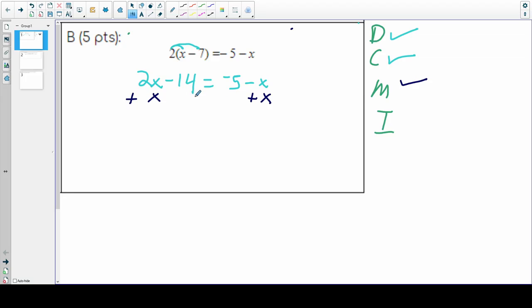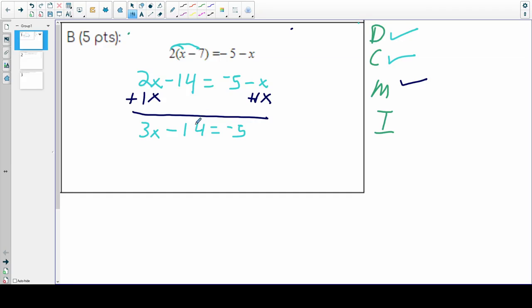Remember, the coefficient in front of a variable is always 1. We just don't write it. And you're left with 2 plus 1 is 3x minus 14 equals -5. And we are almost done.